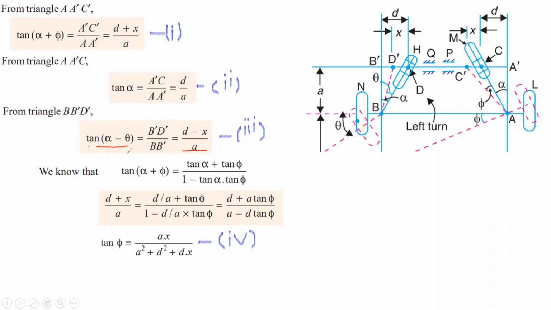So tan alpha minus tan theta over 1 plus tan alpha into tan theta. Then by putting the value of tan alpha as d upon a, you can separate the tan theta. So I also want another formula for tan theta from you.